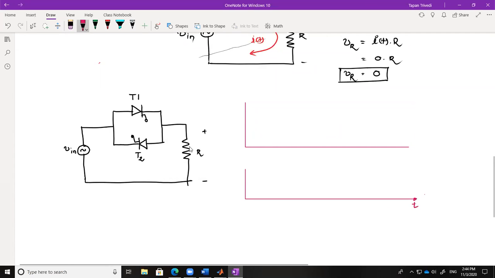This is T. These are control signals for T1 and T2. And this is going to be the waveform.